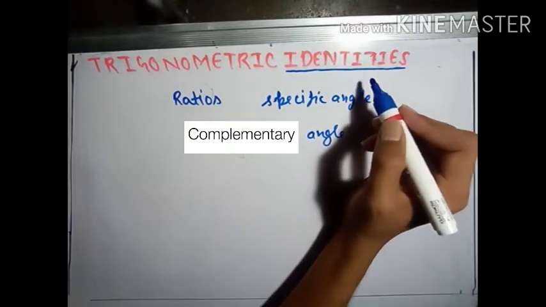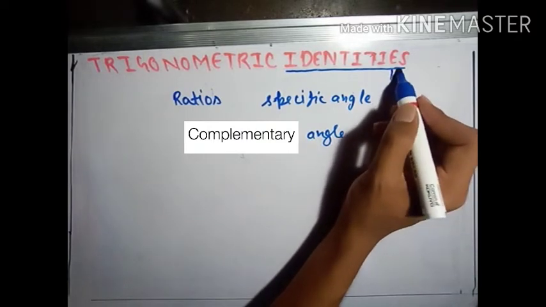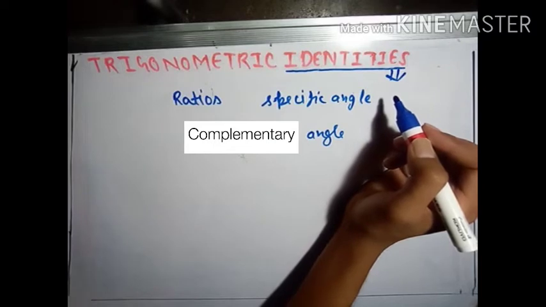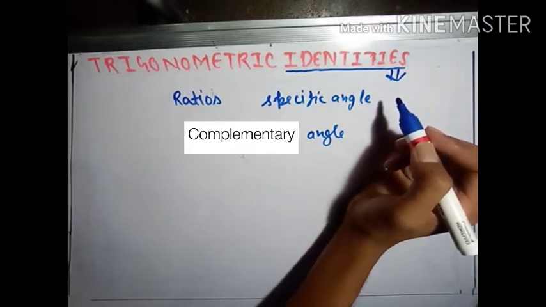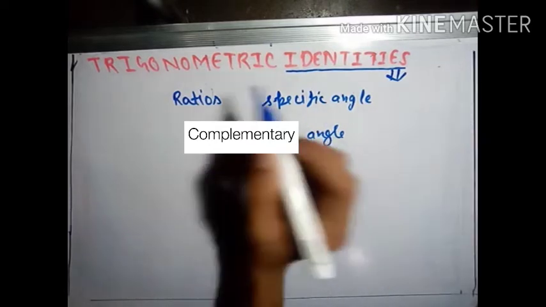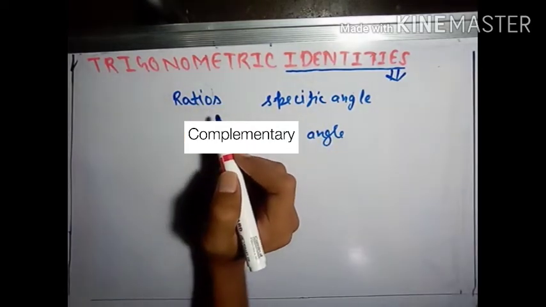So let us understand what the identity means. Identities means simply an equation that is valid for every condition. So what about trigonometric identities?